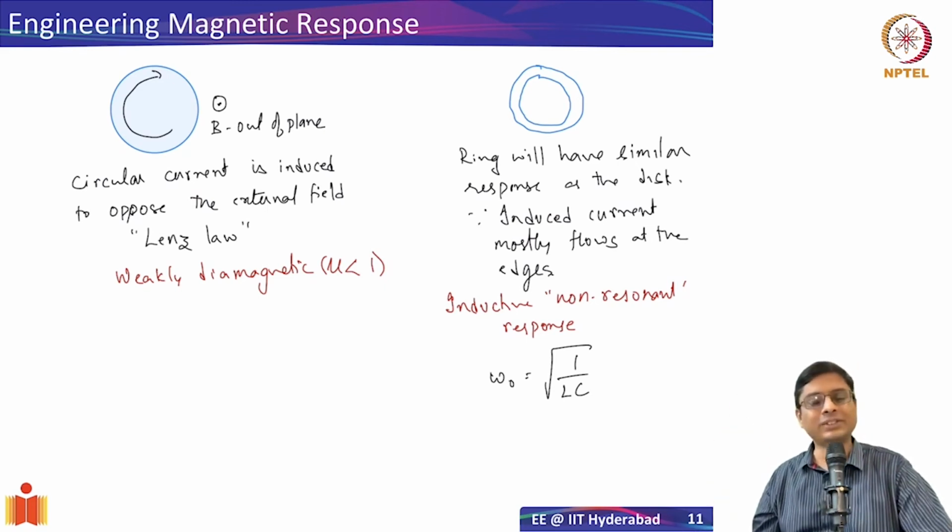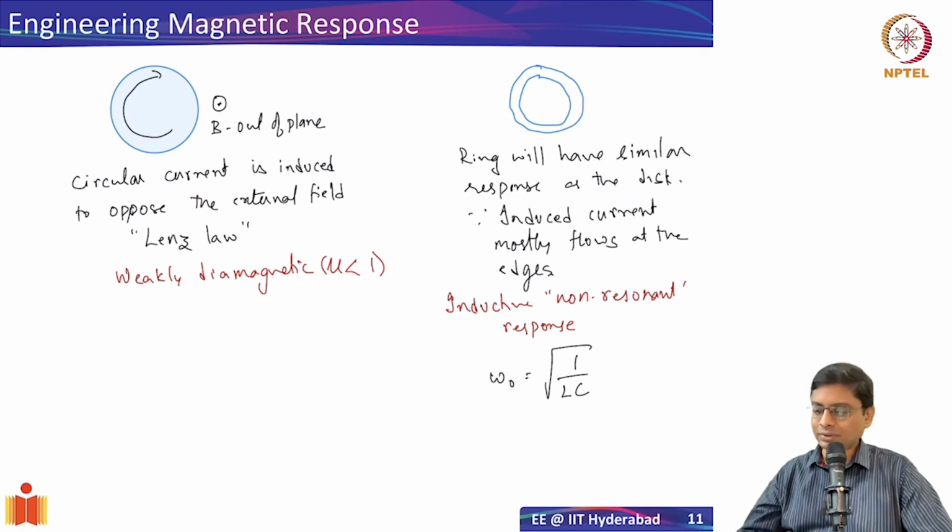The reason we want a resonant response is that if you simply have a diamagnetic response, it's not going to be very different from one, but we want a really strong magnetic response. So we have to create a resonance structure. Without that, we will not be able to manage. Because remember, this is all because at optical frequencies, the magnetic response is very, very weak. All right, so how do we do that? Well, I'll take a structure of this form.